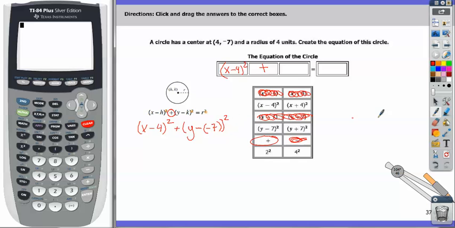Well, two negatives like that make a positive. So I'm going to deal with y plus 7 squared. And then this is just r squared. So by the way, I got rid of a lot of choices just by knowing the formula and looking at it and looking for the patterns.